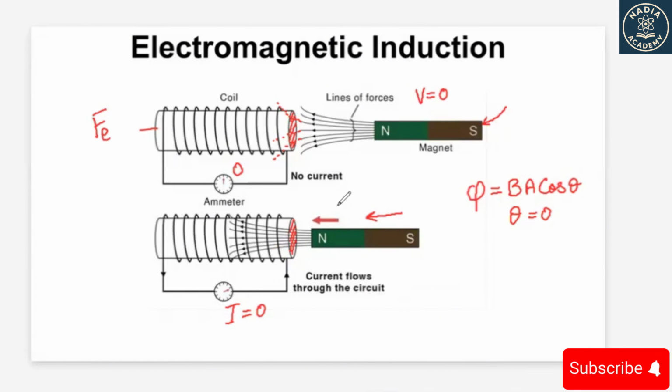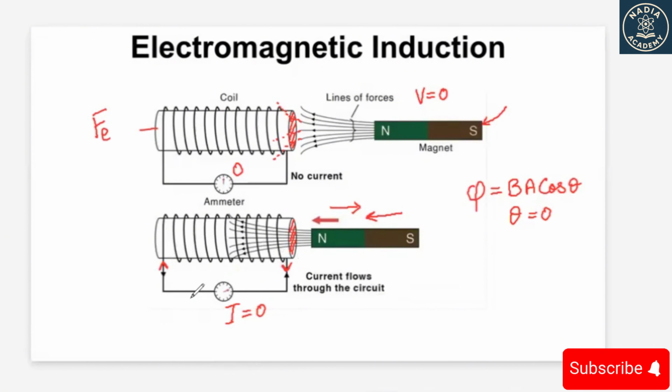Now, if, for example, you move this magnet away from this coil, you would see that your magnetic flux linkage will be decreasing. So again, in this case, you will also get the induction of electromotive force, meaning that your current will be non-zero again, but you will note that the direction of the flow of current has changed.